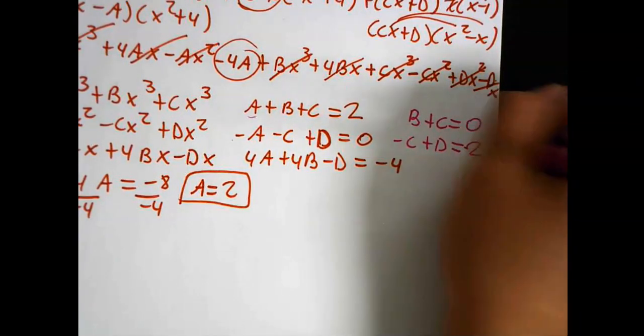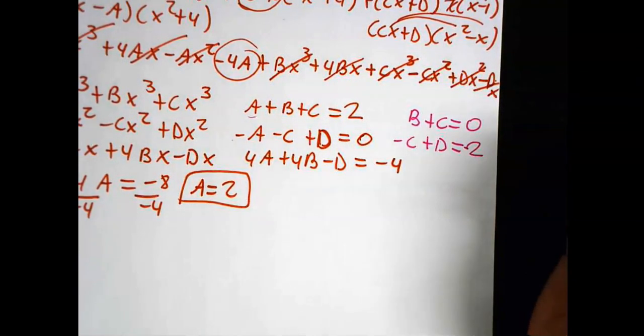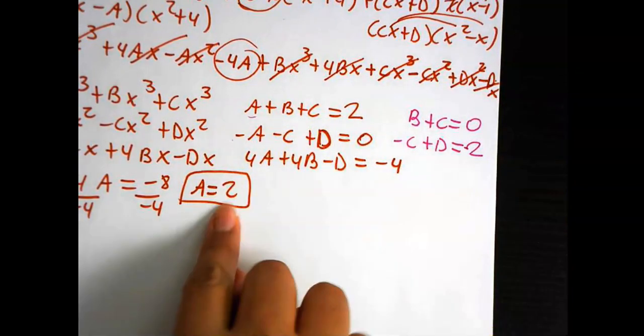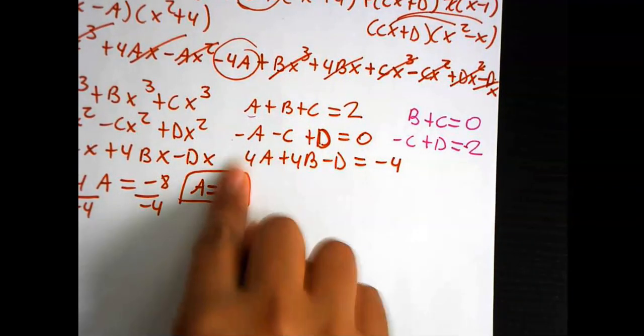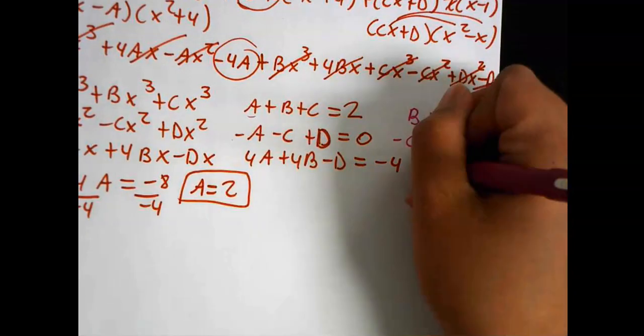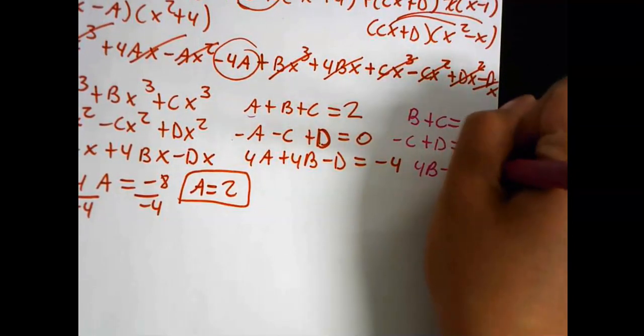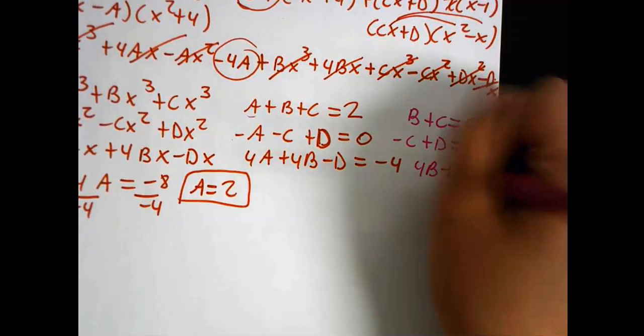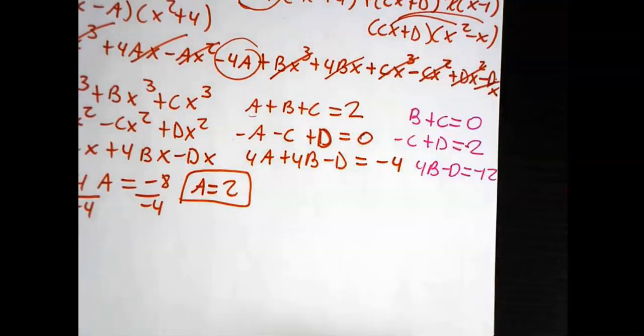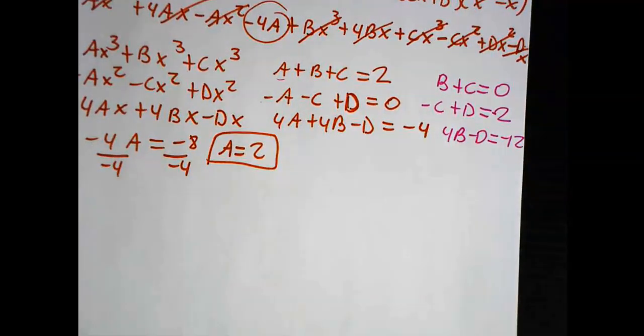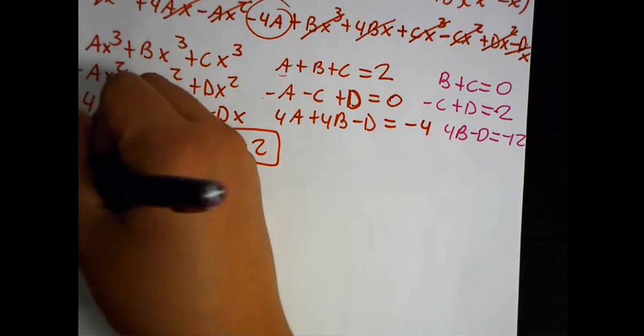Positive 2 because I added. Then if I plug in 2 here, that becomes 8. I need to subtract 8. When I subtract 8 from negative 4, it becomes negative 12.